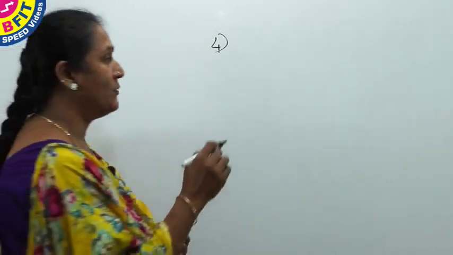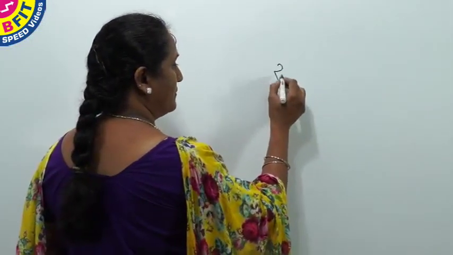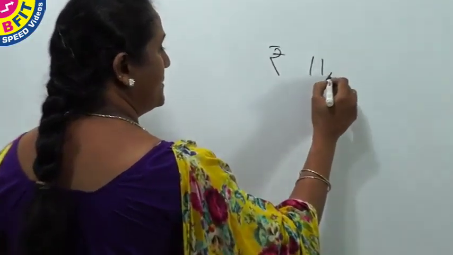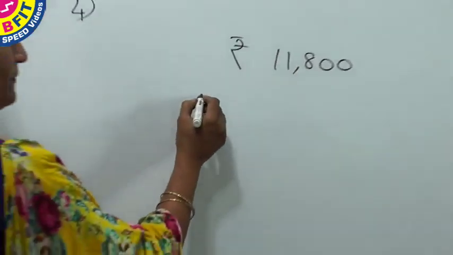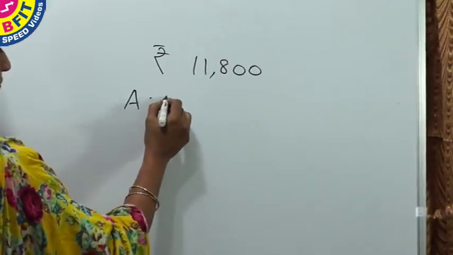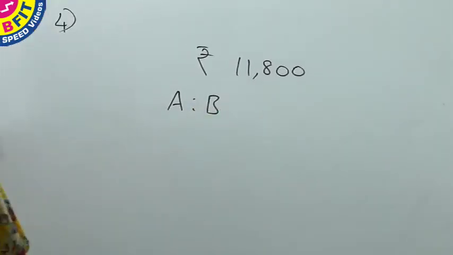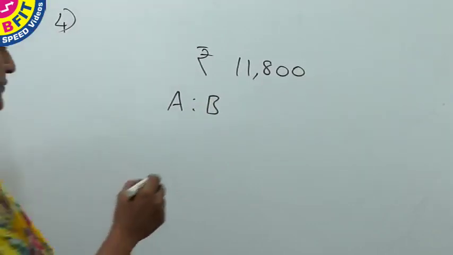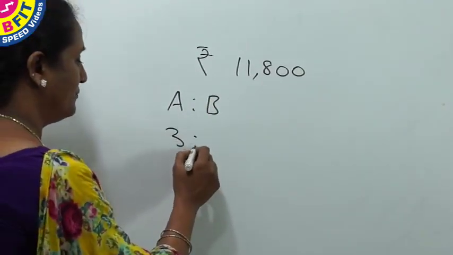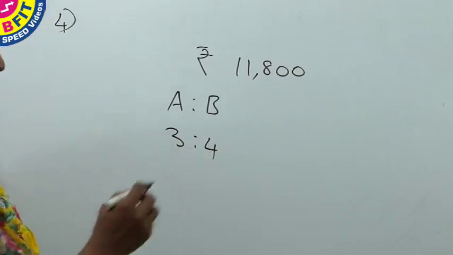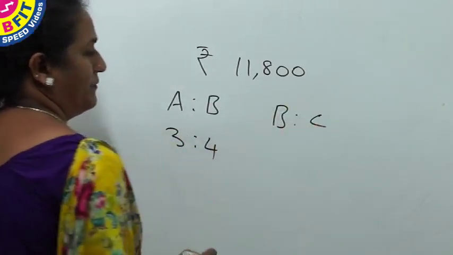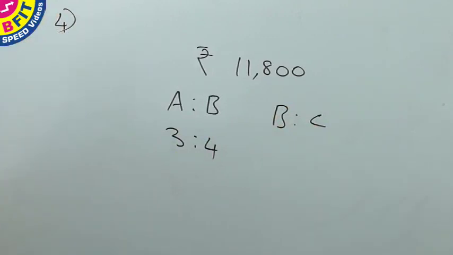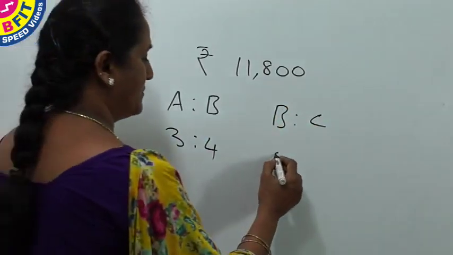So now coming to the question. The total amount available is rupees 11,800. A and B share this amount in the ratio 3:4. B and C share an amount in the ratio 5:6.